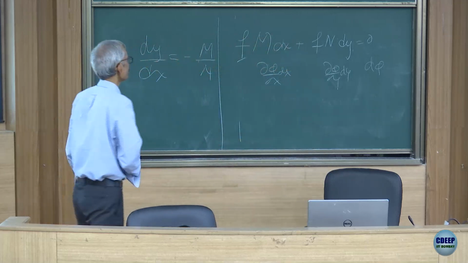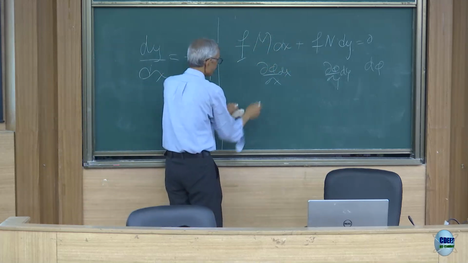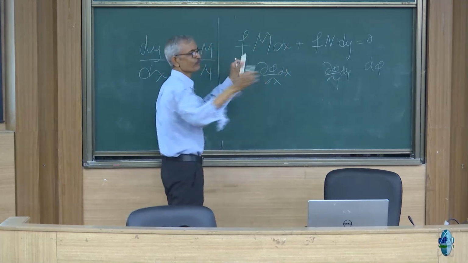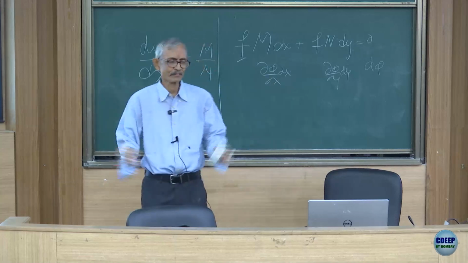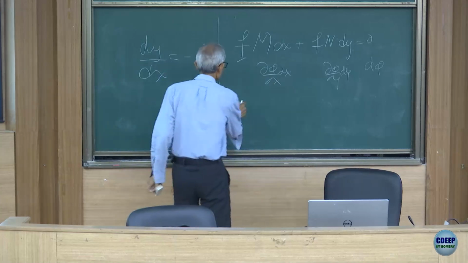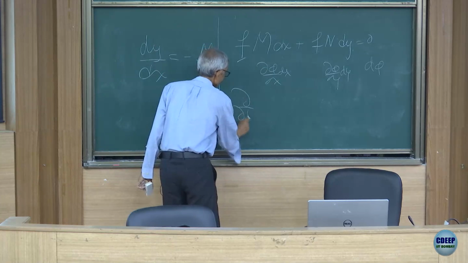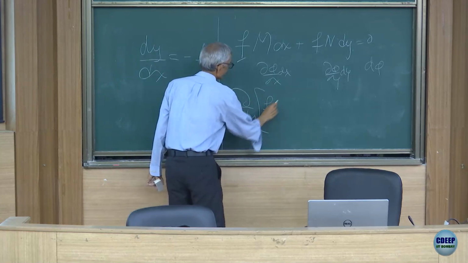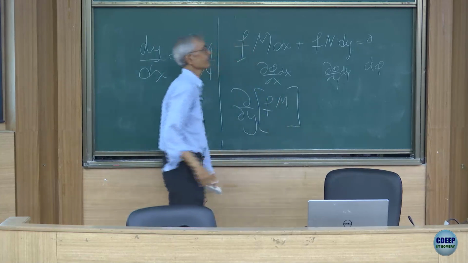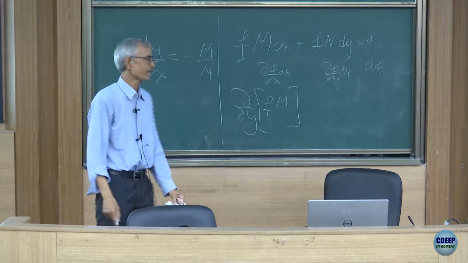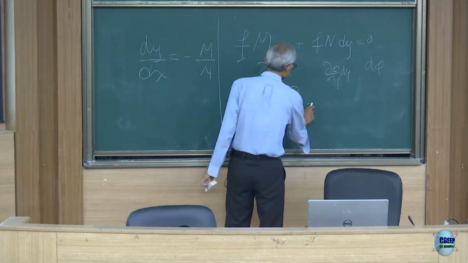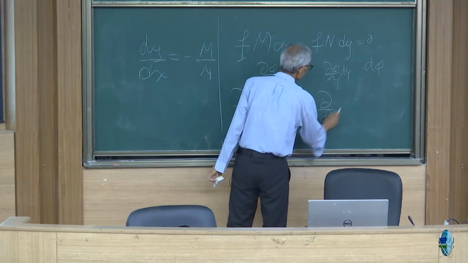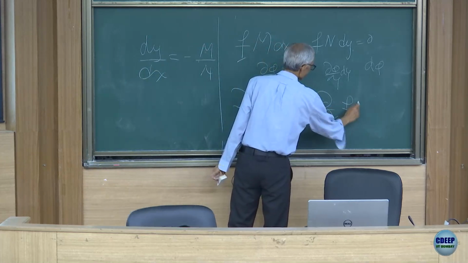So I would take del phi, we are assuming phi is a well-behaved function. So you have got del del y of fM is equal to del del x of fN.